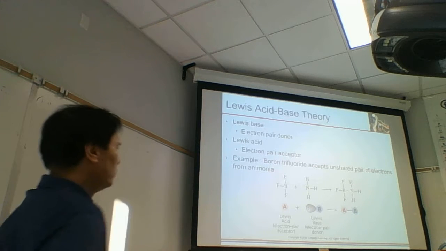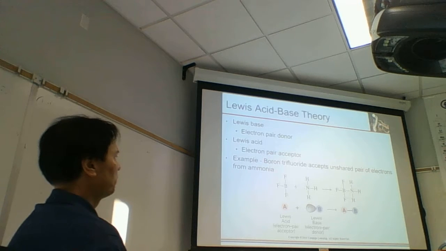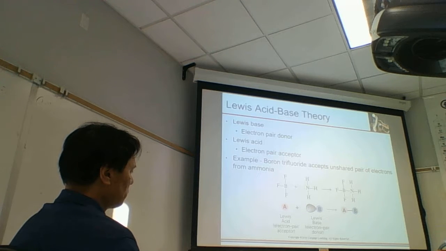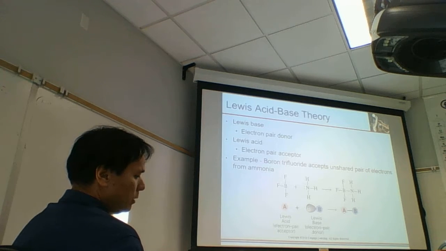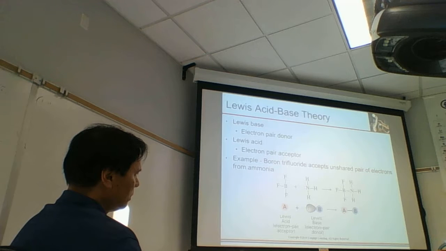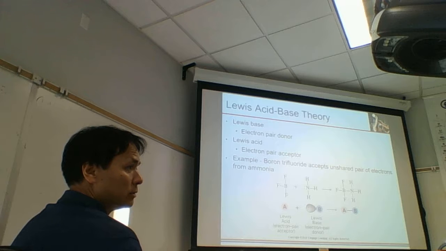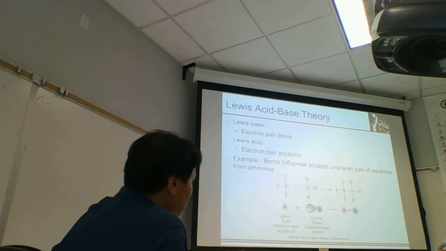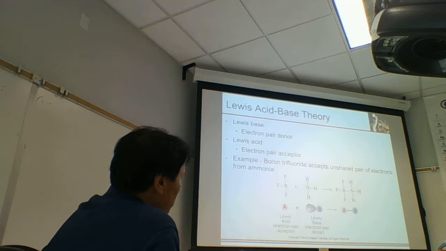And so we could actually not bother with Arrhenius, not bother with Bronsted, and just consider Lewis. We wouldn't miss any acids and bases. But that's not commonly done. We get rid of Arrhenius, so we'll never use Arrhenius really.